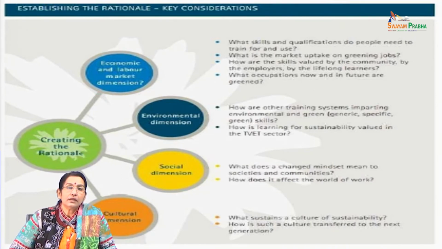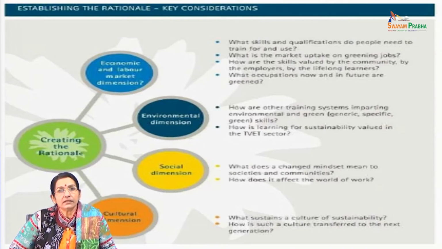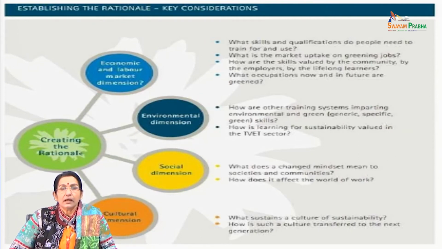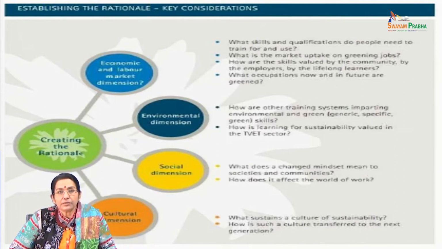At the rationale stage it has already been explained what skills and competencies we are going to learn, what impact it will have, how different training systems affect environmental aspects, what skills and qualifications people need to learn and train for, and how these skills are valued in the community. All kinds of questions regarding what skills, how, when, where.